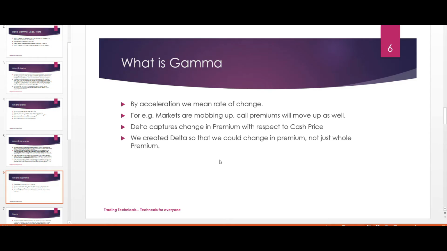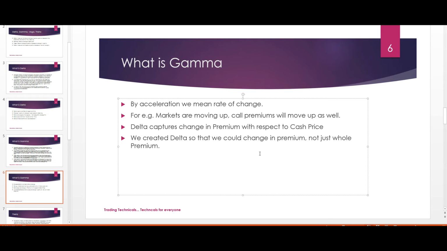So by acceleration, what is gamma? Gamma is the change in your delta itself, and change means the rate of change. For example, when markets are moving up, the call premium will also move.